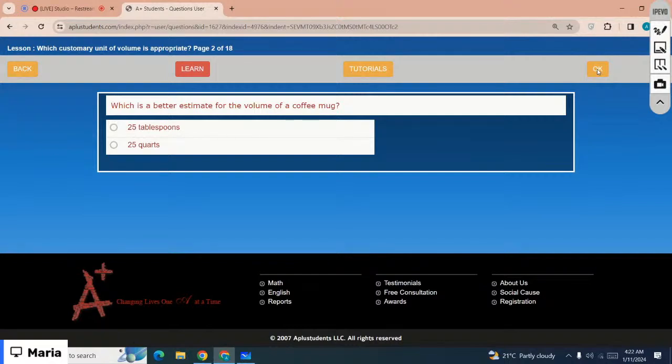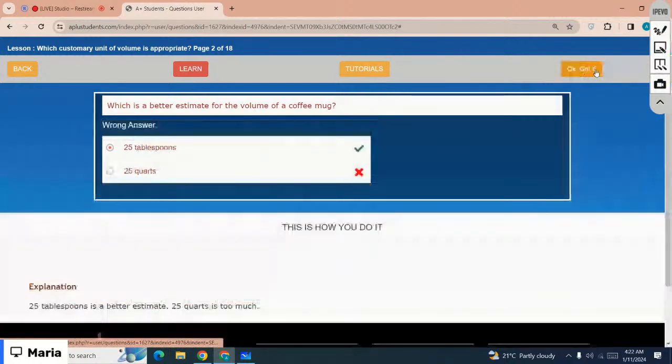I think that is 25 quarts, right? But yes, that is 25 tablespoons, right? Because that is just a cup, so a cup can hold 25 tablespoons. So the correct option is 25 tablespoons. The correct option is 25 tablespoons. Got it?